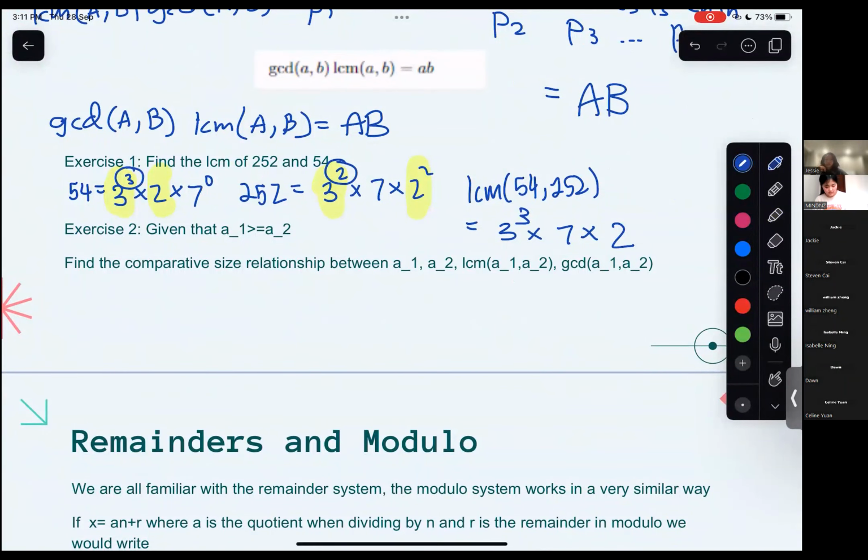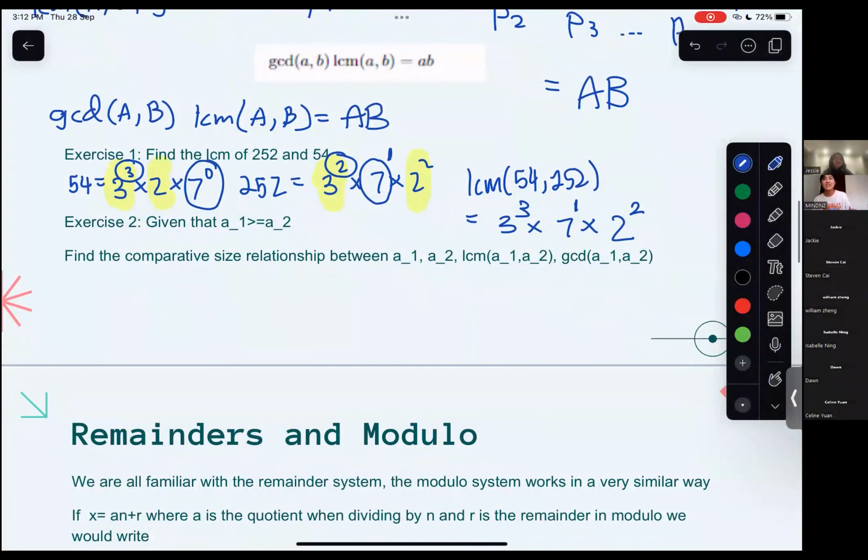Then let's consider 7 to the power of 0 and 1, so 7 to the power of 1, since 1 is obviously bigger than 0, and then 2 to the power of 2 and 2 to the power of 1, so we do this. And that should be our answer. Yep, and I see a lot of people have gotten the right answer, which is really good. I'm not going to expand it out because I'm sure it just works if you do, but that's just calculation.